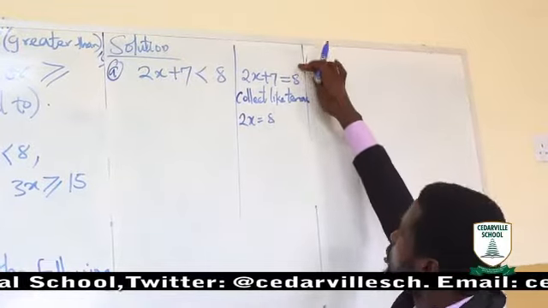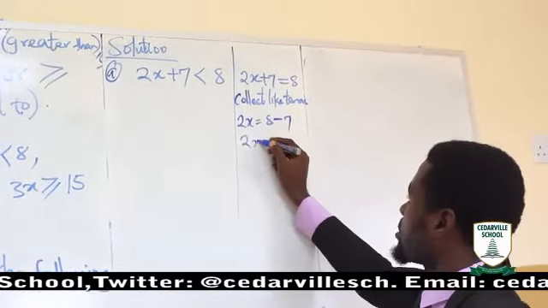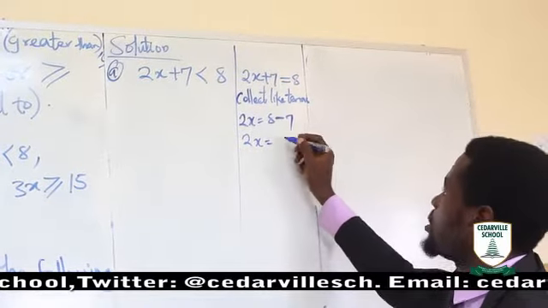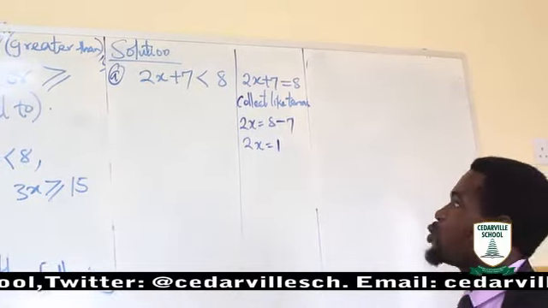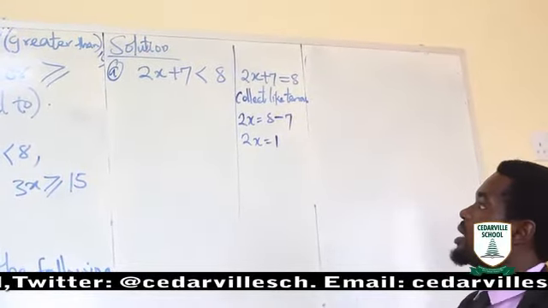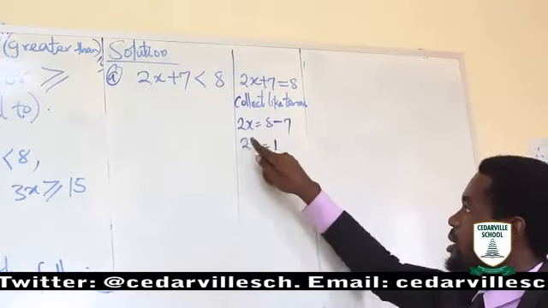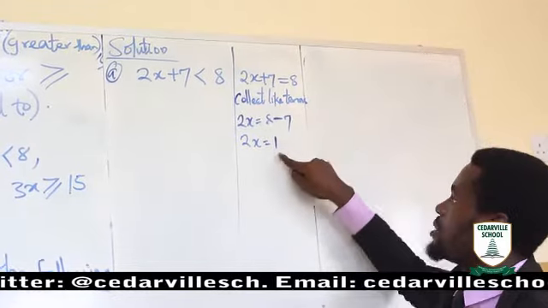The plus 7 crosses and becomes minus 7. Then we have 2x equals to 8 minus 7, which is 1.